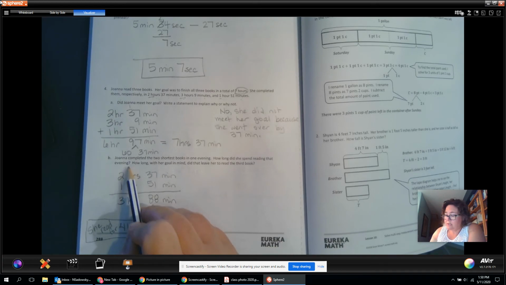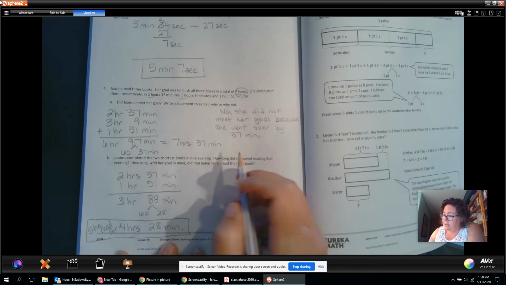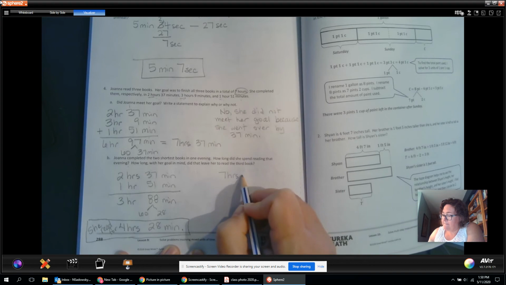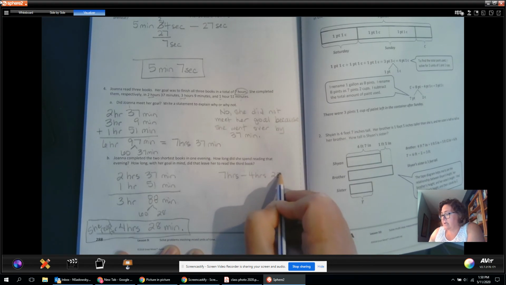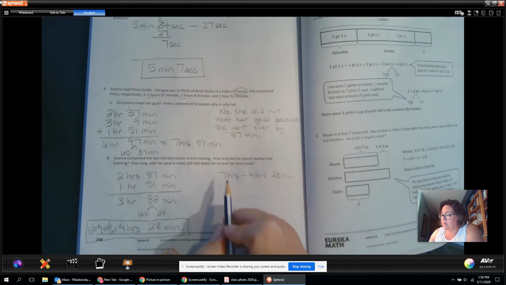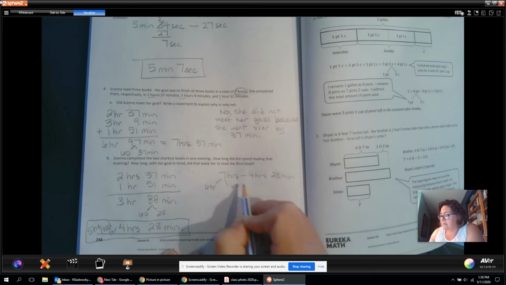But part 2 says how long, with her goal in mind, did that leave her to read the 3rd book? So if we have 7 hours minus this 4 hours, 28 minutes, that's what they're now asking us for the second part. Well, 7 hours is like having 6 hours and 60 minutes, right?